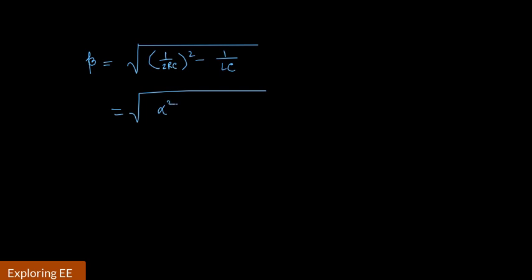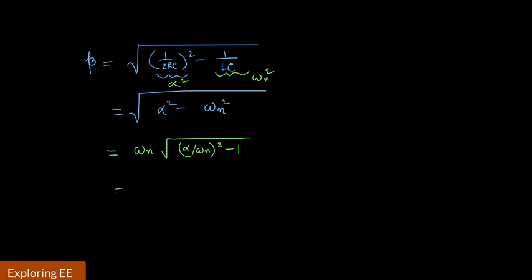As we know, the second part of the roots of the characteristic equation, that is beta, is given by the square root of (1/(2RC)) whole square minus 1/LC. So this beta can also be written in this form, the square root of alpha square minus omega n square. Since 1/(2RC) is alpha and 1/LC is omega n square, if we take common omega n, it would be the square root of (alpha/omega n) whole square minus unity.